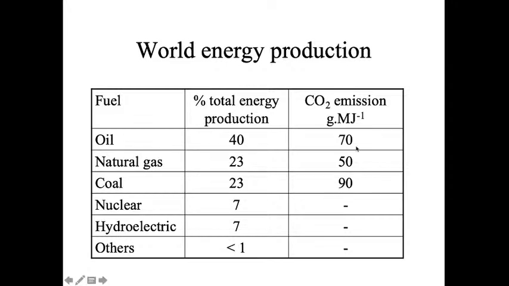Biomass. And as you can see, we have no CO2 emissions from the latter 3, but our first 3 have a lot of CO2, and you'll notice that this coal is especially guilty culprit.